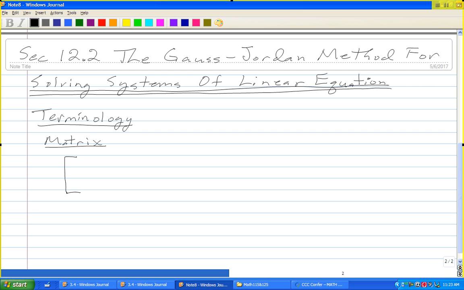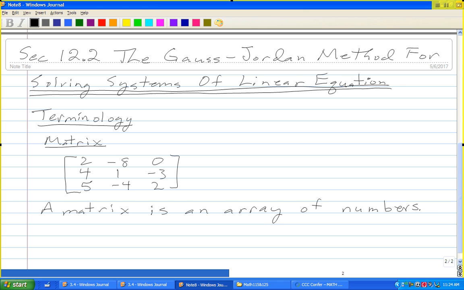So, a matrix is some sort of array of numbers. And so, a matrix is an array of, in this case, numbers.